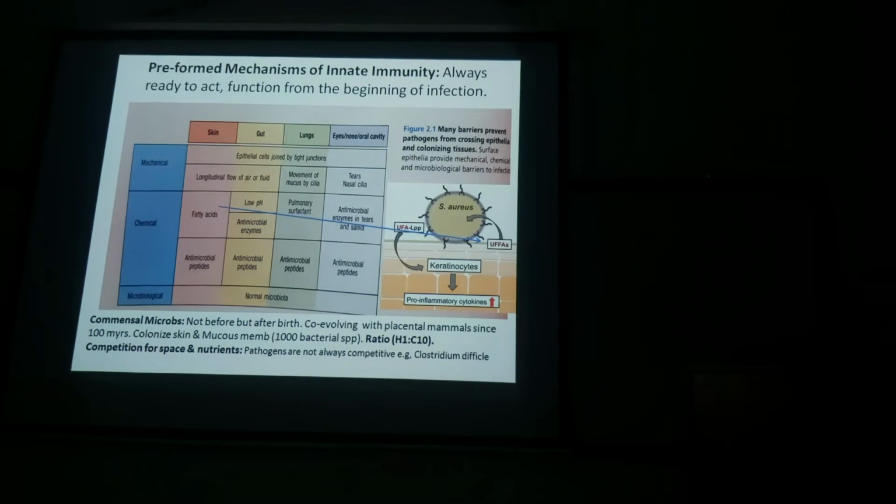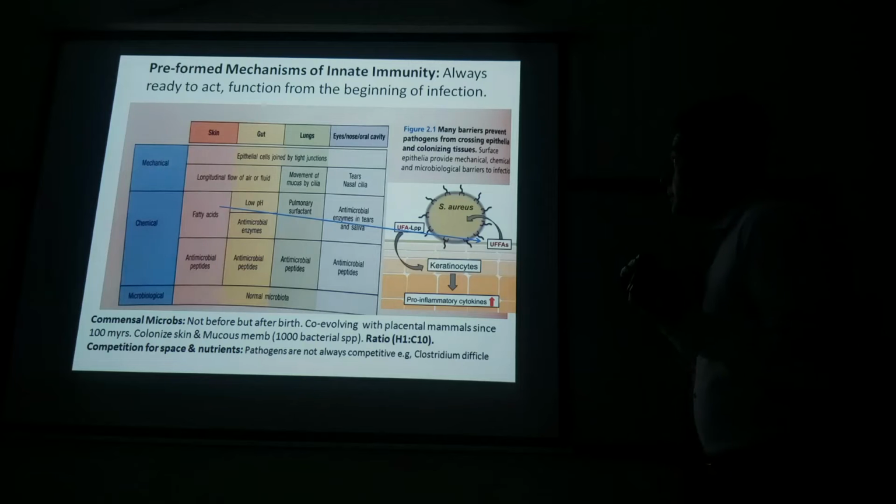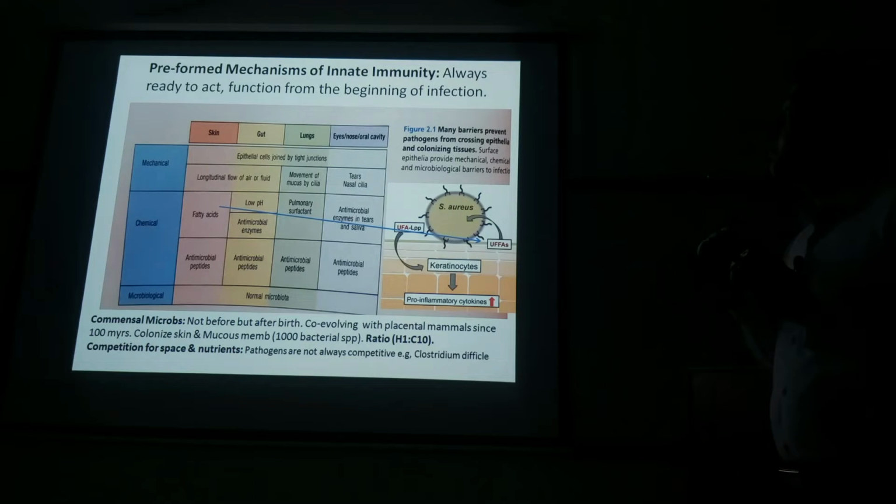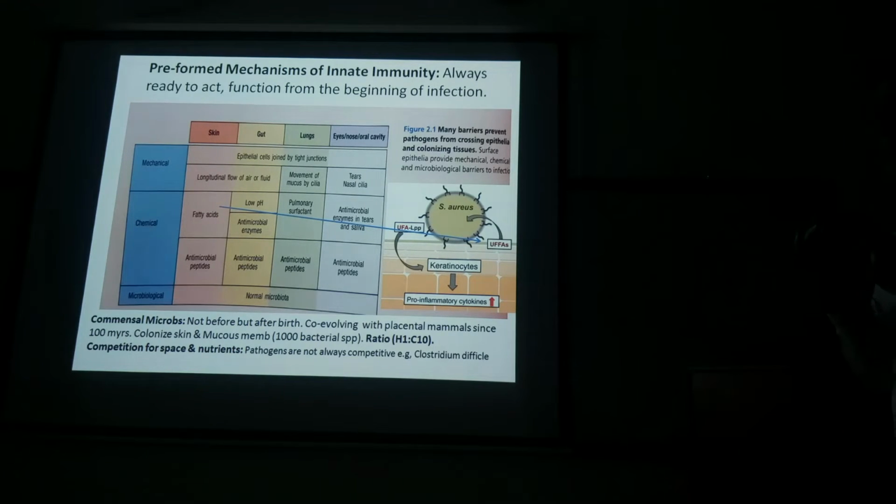Then what are the preformed mechanisms that we are talking about? The preformed mechanisms of innate immunity, which are always ready to act, function from the beginning of infection. What are these? These are different barriers, and you can go into the detail of these different types of barriers.